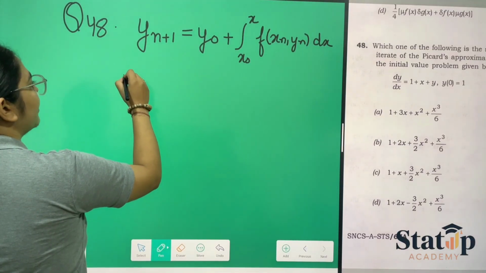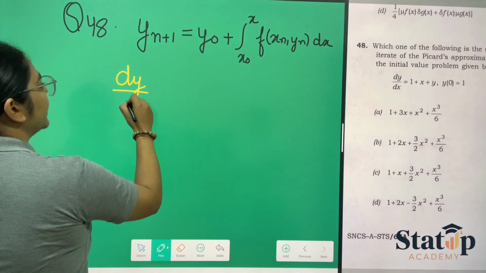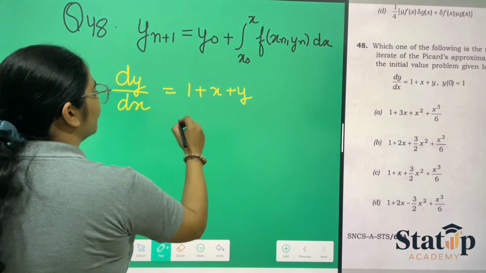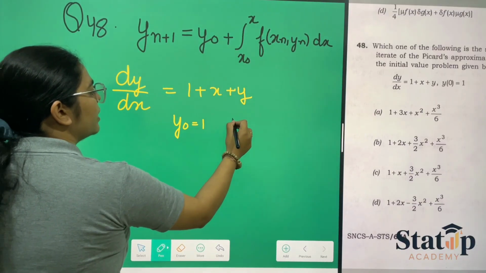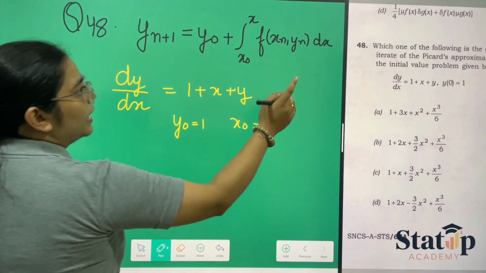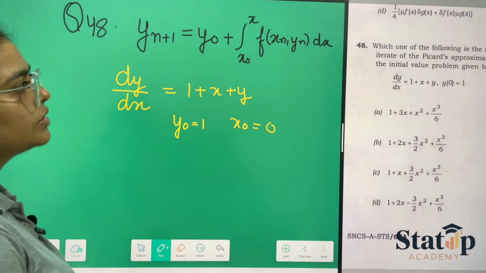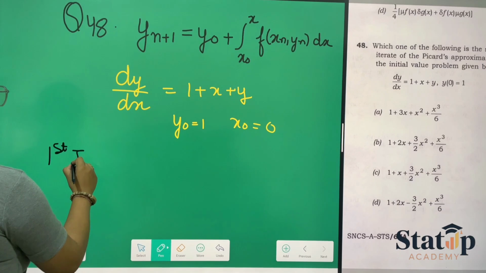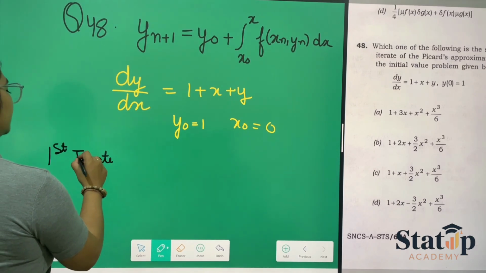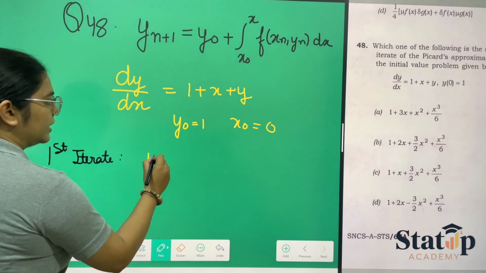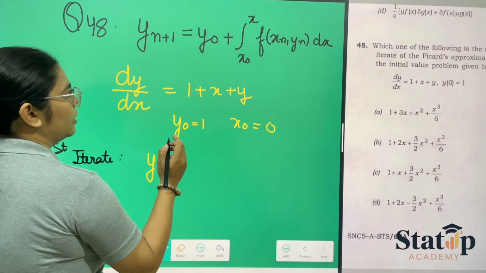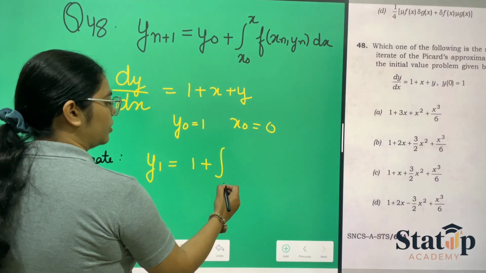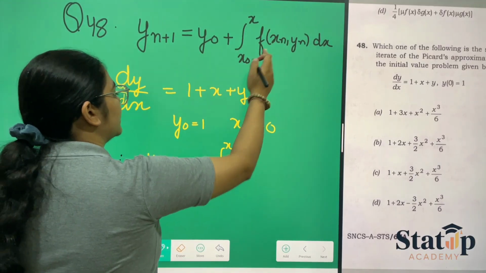Now they have given us dy by dx equal to 1 plus x plus y, and they have given us the value of y naught as 1 and x naught as 0. And they have asked us to calculate the second iterate of Picard's method. For the first iterate, we have to calculate y1, which will be equal to y naught, which is 1, plus the integration from x naught, which is 0, to x, of f(x, y n).